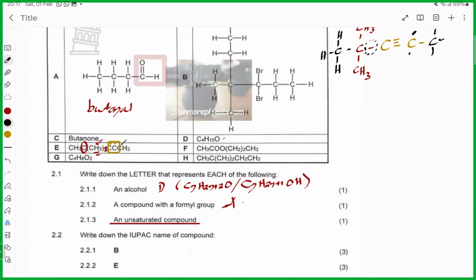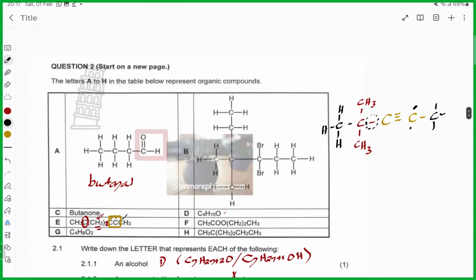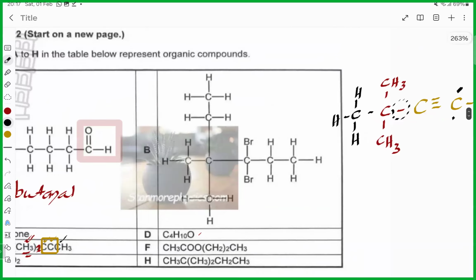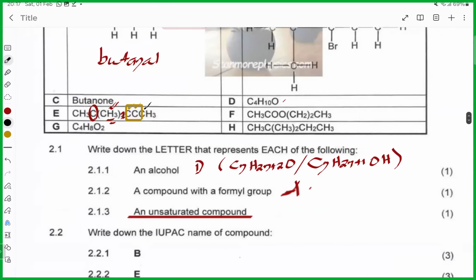IUPAC name of B. Sorry, the unsaturated one was E, as somebody pointed out.